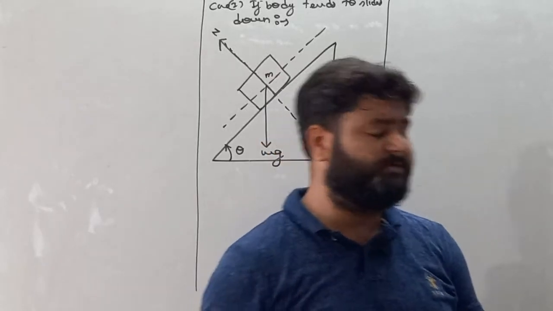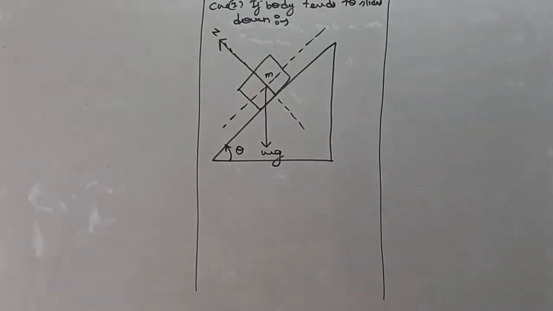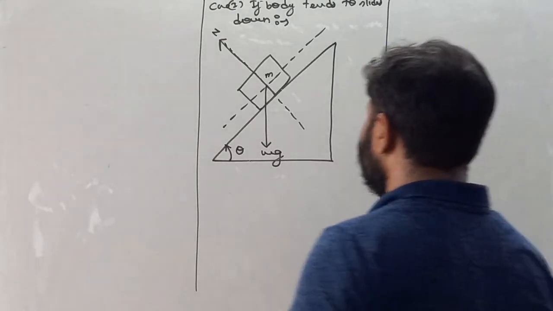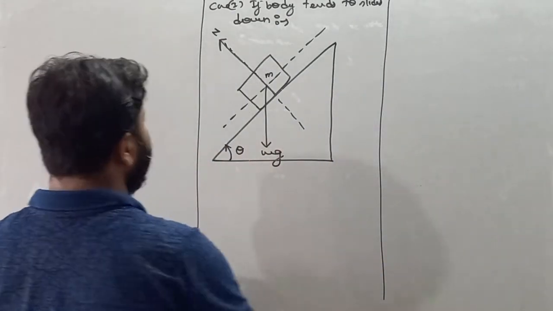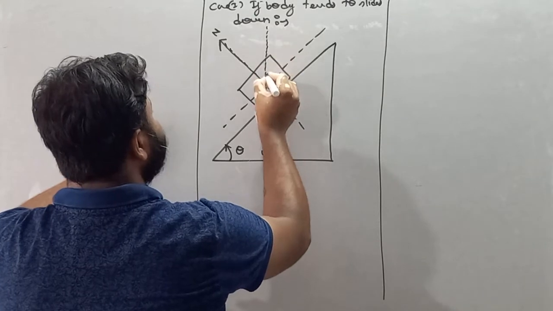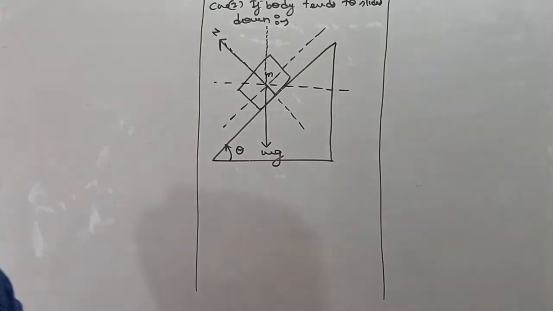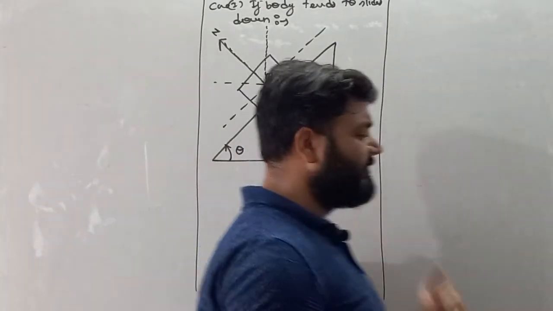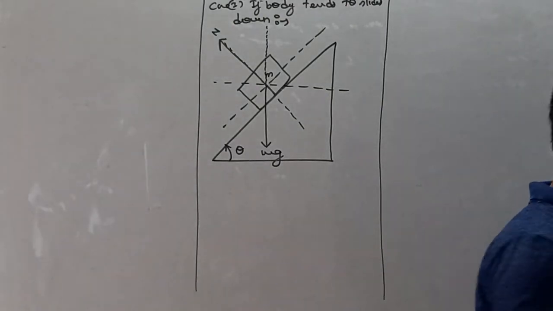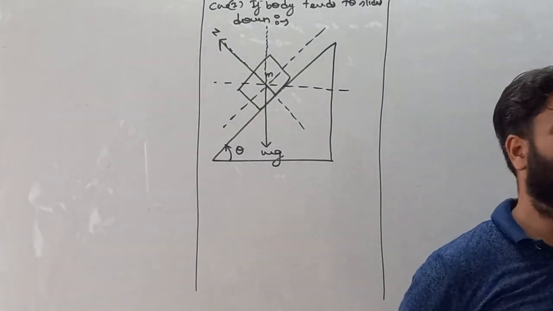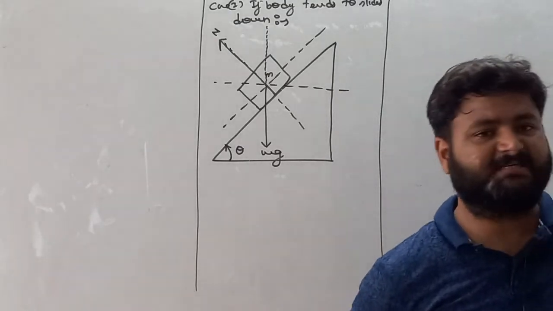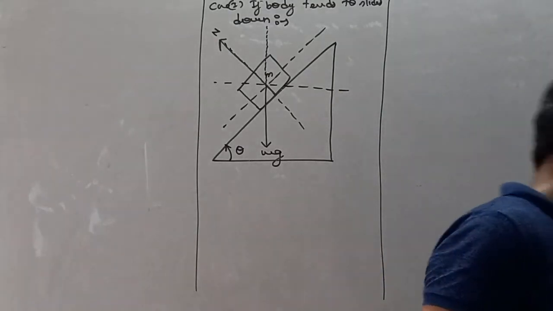Write down in form of a note: in case of banking of road, we have to make components of friction and normal reaction force.